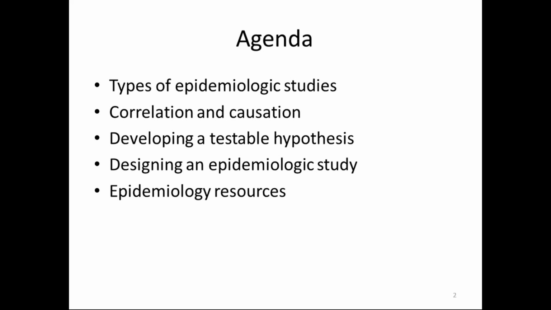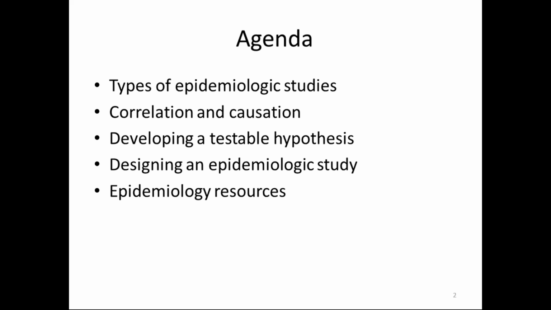Okay. So just what we're going to talk about. First, we'll go over some of the basic epidemiologic study designs. There are other, more specialized designs, but most of them are derivations of these basic types. Then a little bit about correlation and causation, and developing a testable hypothesis.